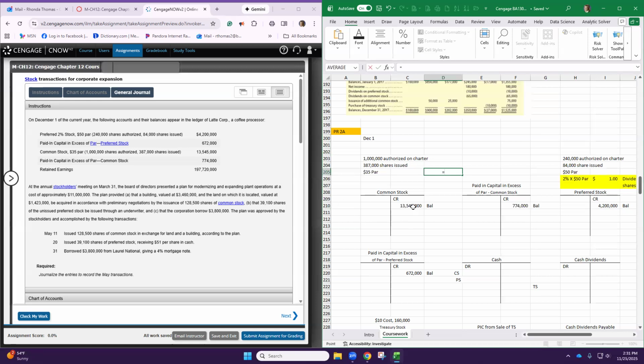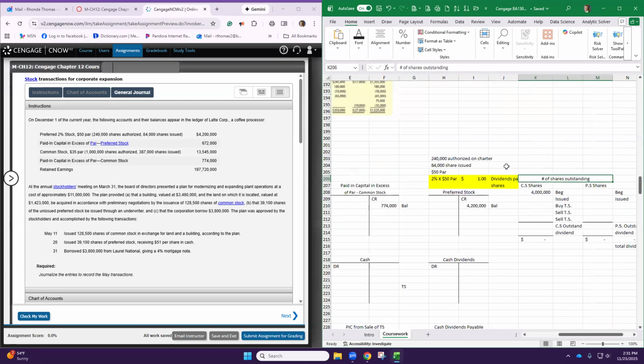I'm going to test it. Yep. So the reason we keep par in the account is to keep track of how many shares we have sold. Likewise, take the 4.2 million and divide by 50 and you get 84,000 shares.